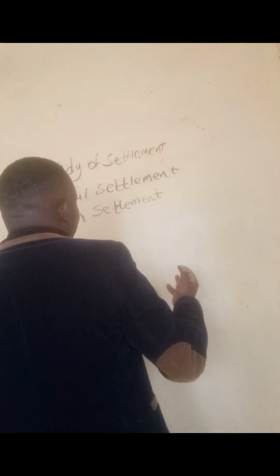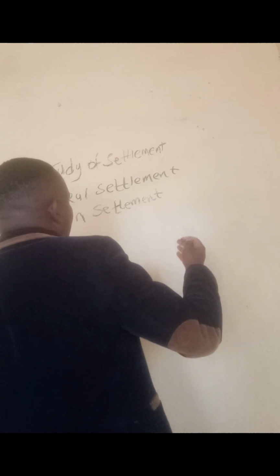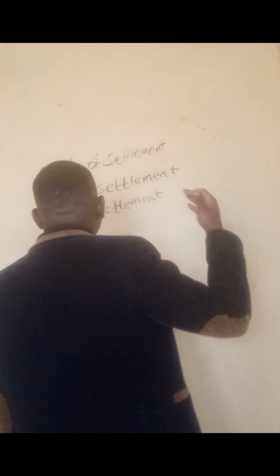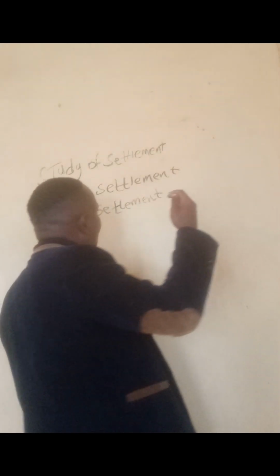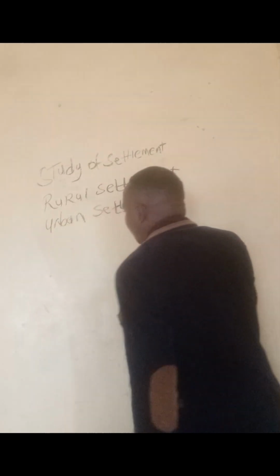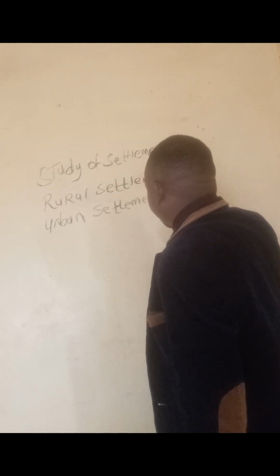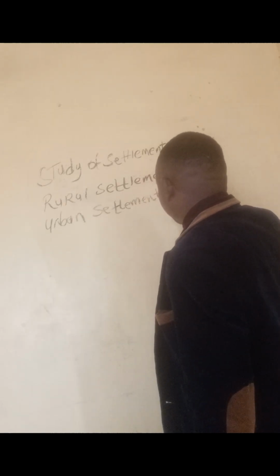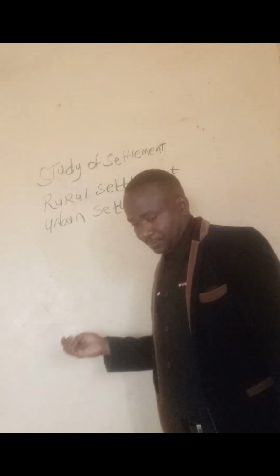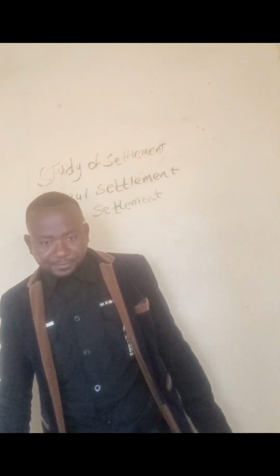The rural settlement is where most of us live, might be in the rural areas. In most cases, it's found in the villages. And urban settlement is a settlement found in the cities and townships.